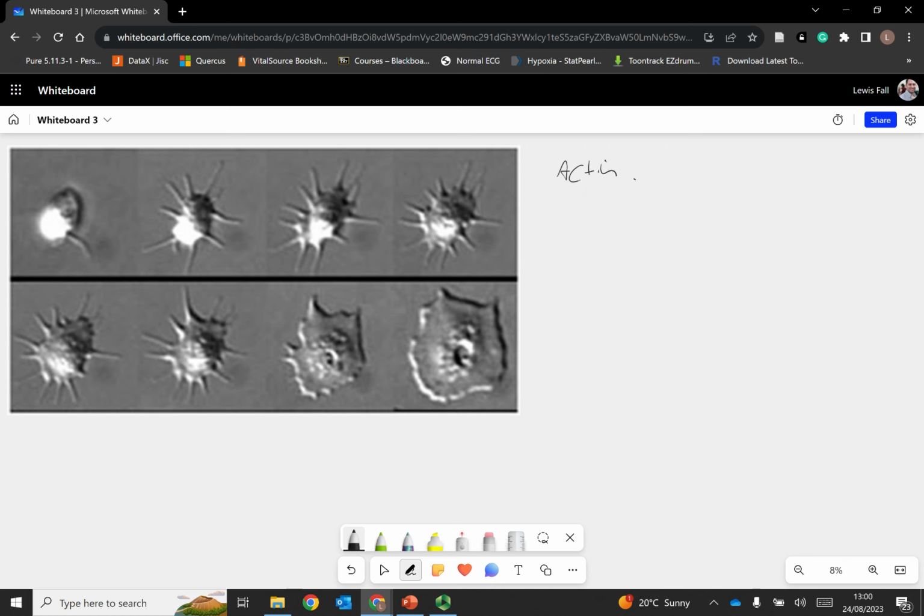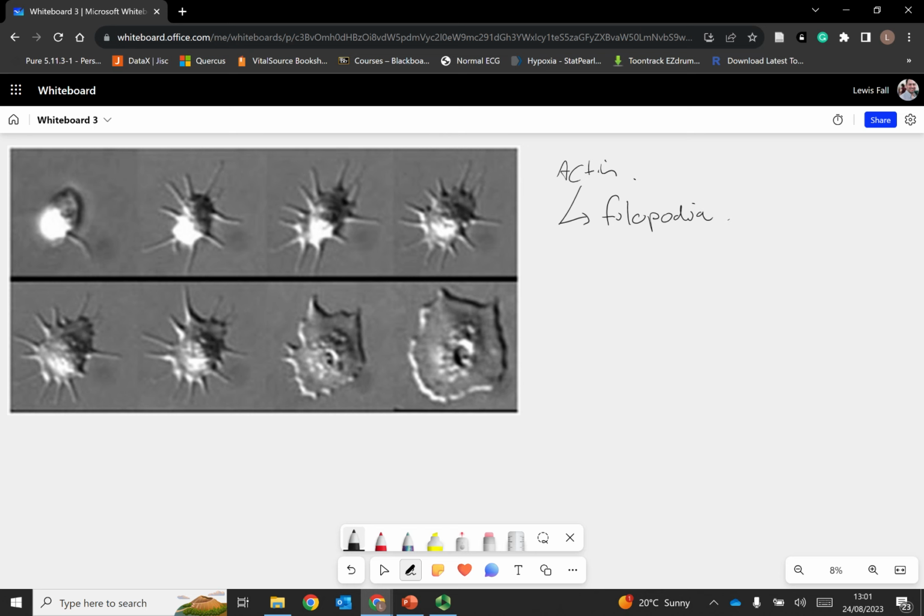The actin cytoskeleton itself is going to become modified, and it's going to start to bring out these things here. These things are called filopodia.